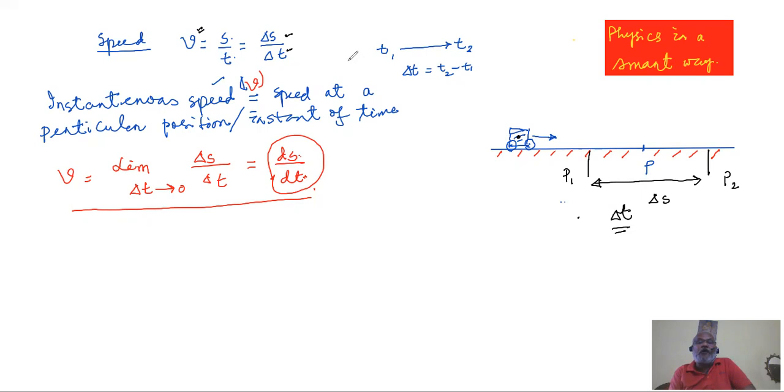And when you measure this delta S and delta T, instead of finding the speed at a particular point, you have given me the average speed of all the points in the neighborhood of P, between P1 and P2. And that we have to admit. Then the person again puts a cross question that I didn't ask you to find that. My question was to find out the speed when the vehicle crosses a point P.